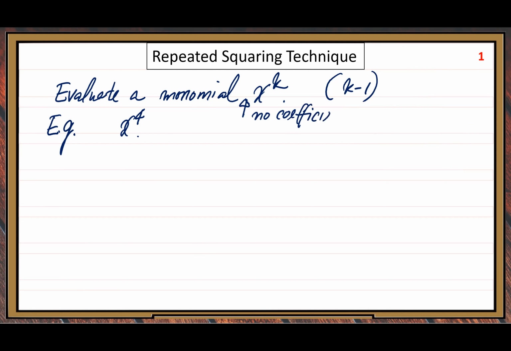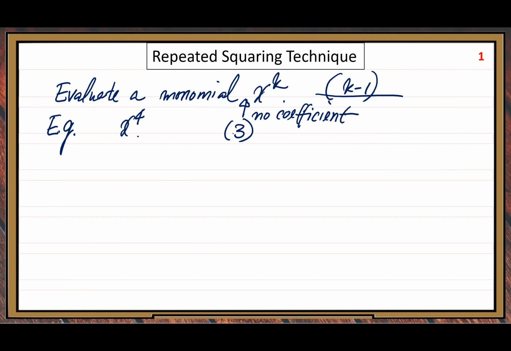When we have a coefficient, we need to do another multiplication. So with no coefficient, we do one fewer multiplication, k minus 1. So for x to the 4th, based on our old method, it should be 3 multiplications, right?